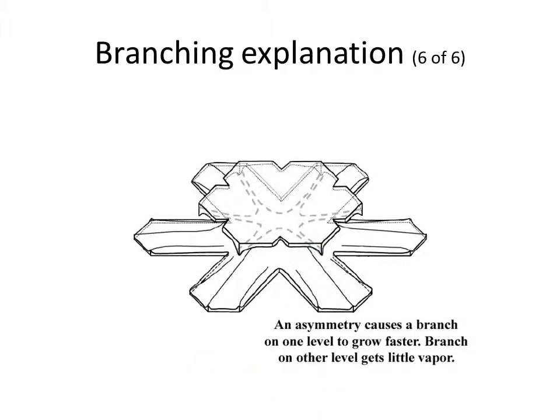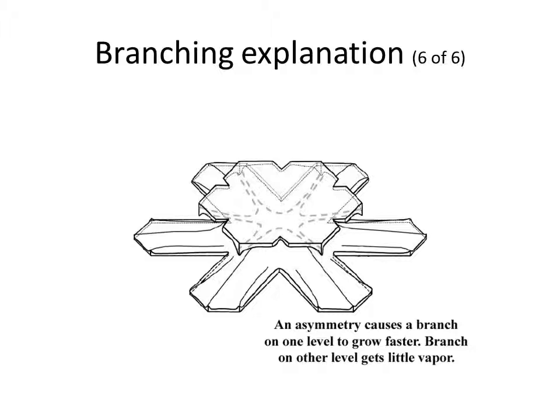The top and bottom branches are very close at the beginning, and they compete for vapor. If a branch on one side, say the bottom, gets a little bit ahead, say because of some asymmetry, it then grabs most of the vapor, leaving very little for its twin. So the other level, this top level in this case, essentially stops growing.